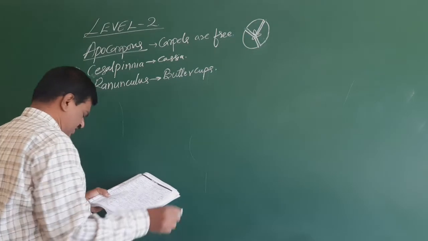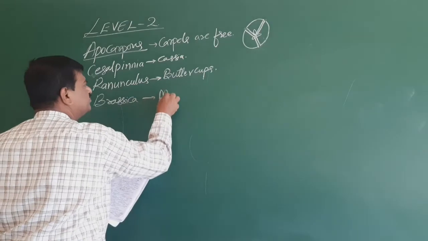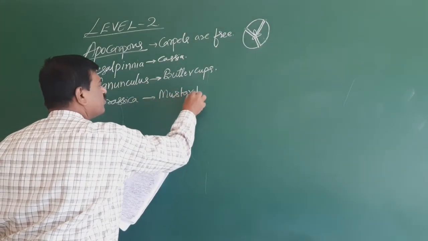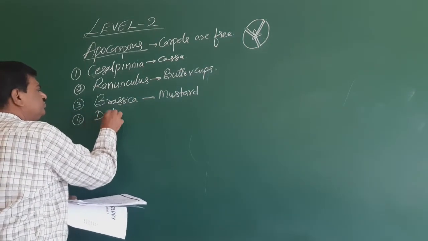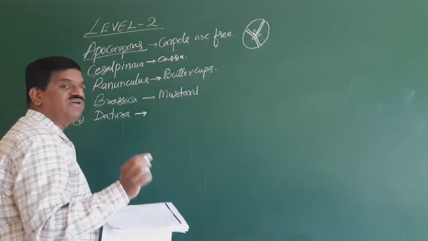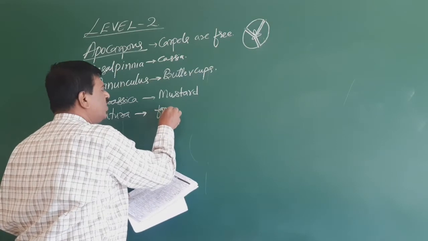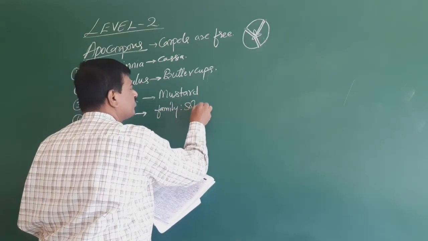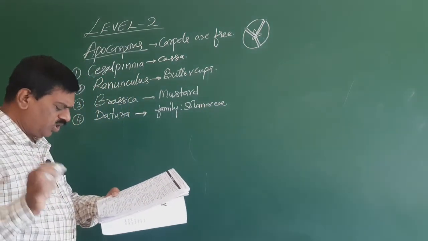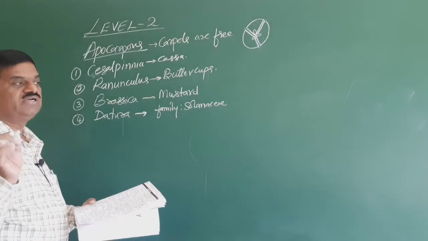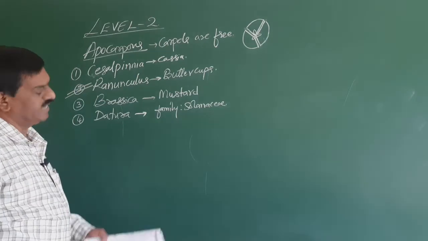And the third one is Brassica, which is called mustard. And the fourth one is Datura. Here there are funnel shaped flowers of Datura, seen in the family Solanaceae. But the question is about apocarpous flowers, where carpels are free, which can be noticed in Ranunculus. That is the right answer.